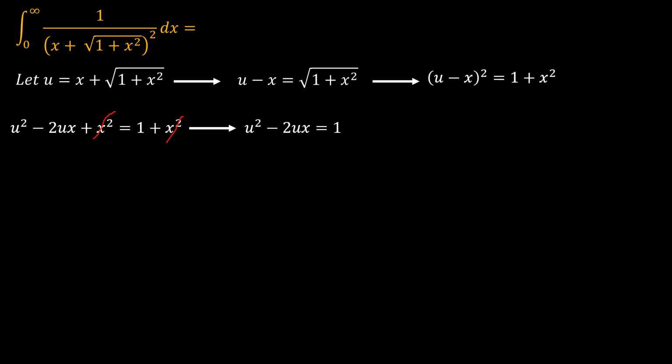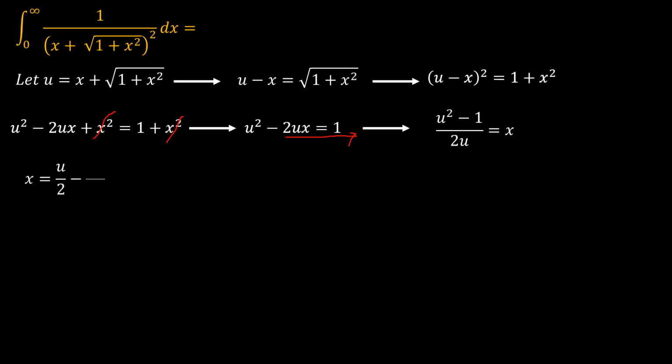Taking the 2ux onto the right hand side and bringing 1 onto the left hand side, and then dividing both sides by 2u, we find that u squared minus 1 over 2u is equal to x.